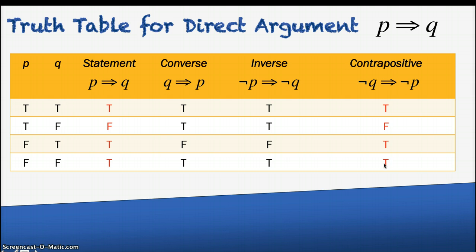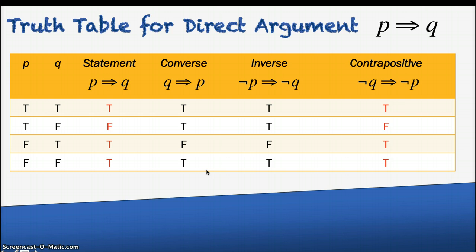Now it gets confusing here. When you have true and false, you will have false here, true, true, and false. On the other hand, if P is false followed by T, then you will have T for the statement and contrapositive, but you will have false values for the converse and inverse.